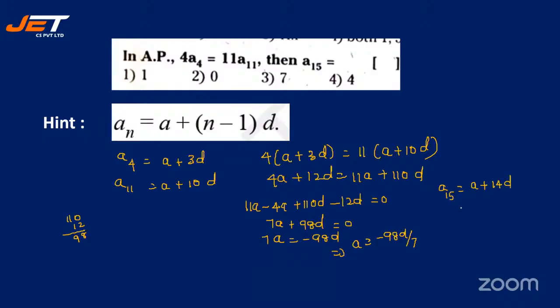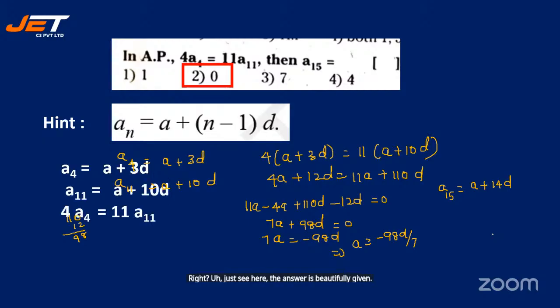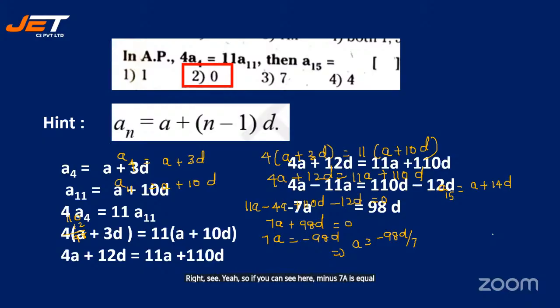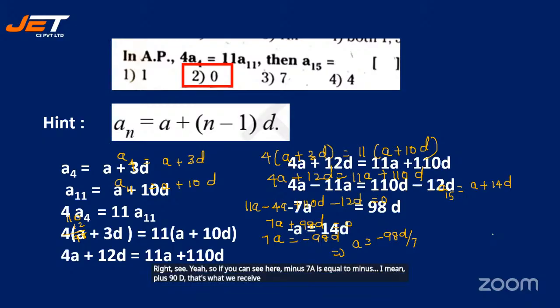Isn't it? Right. So we do not know the value of A. So here with this, we can infer the value of A. Just see here, the answer is beautifully given. So if you can see here, 7A is equal to minus 98D. That's what we received. So A is equal to, if you divide 98 by 7, you get 14.